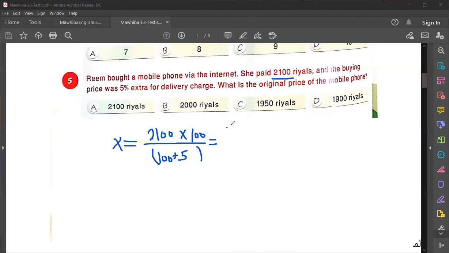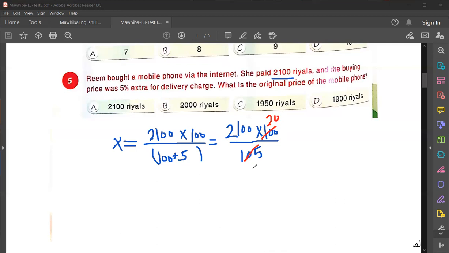Okay, now 2,100 times 100 over 105. Then you can simplify here. You simplify with 7. When you divide by 5, it is 20.